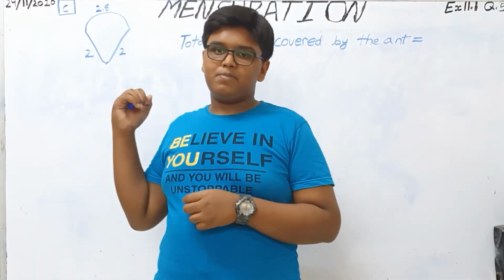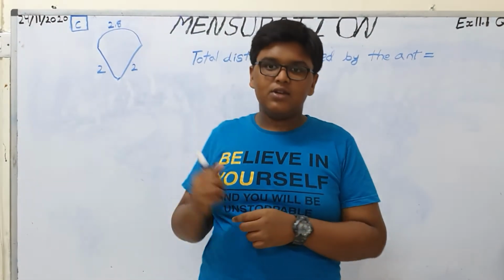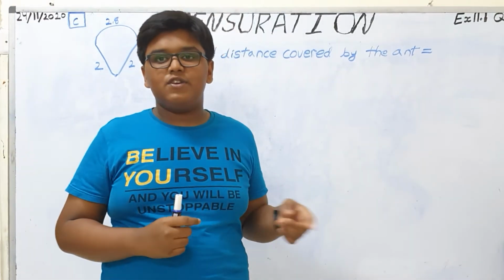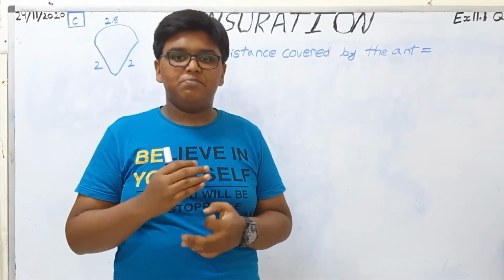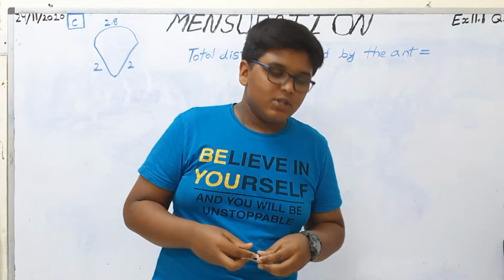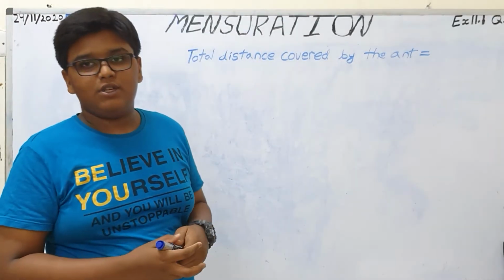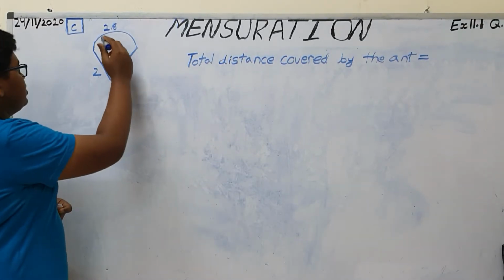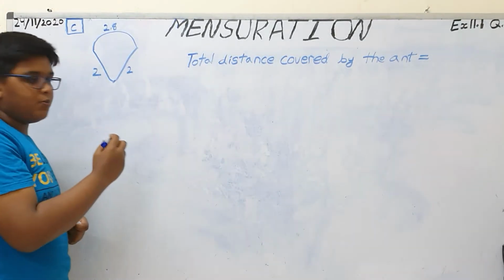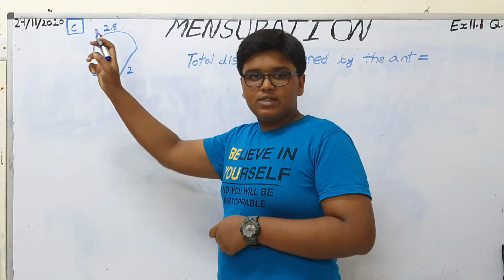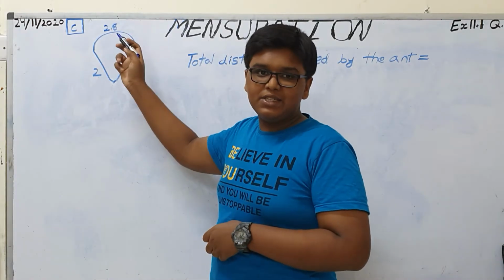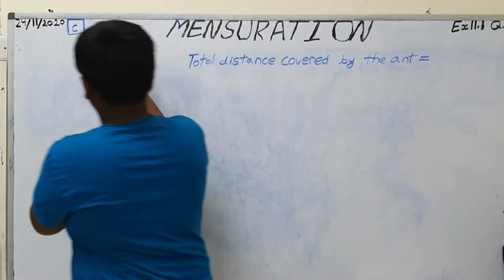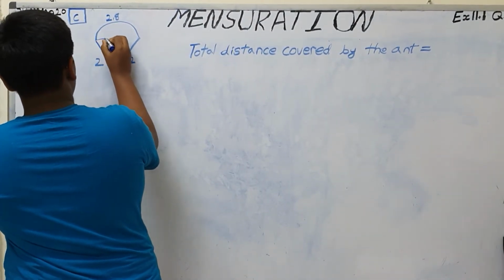So this is the third part, part C. The first two parts: in A we found 7.2 and in B we found 10.2. Now let's check out C. In this shape 2.8 is the diameter, and 4.4, there is actually a line in between that will separate them.